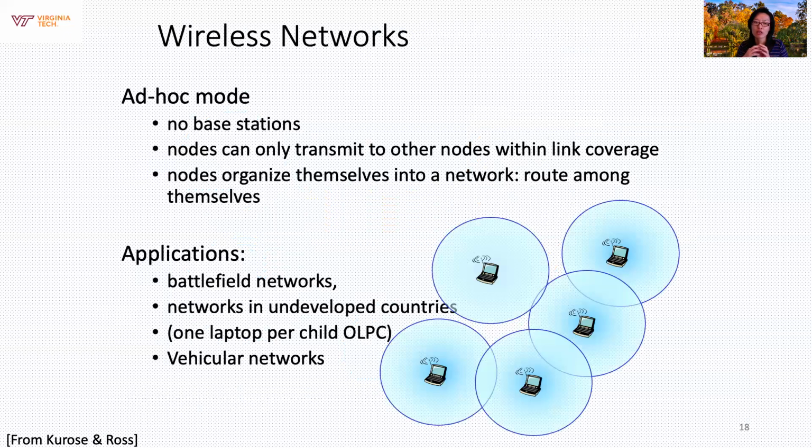And here a lot of people study for research ad hoc wireless networks, like a mobile ad hoc wireless network, where there is no centralized device that coordinates them. They sort of relay information. Sometimes it could be useful in a battlefield or in a remote area where there's no infrastructure.